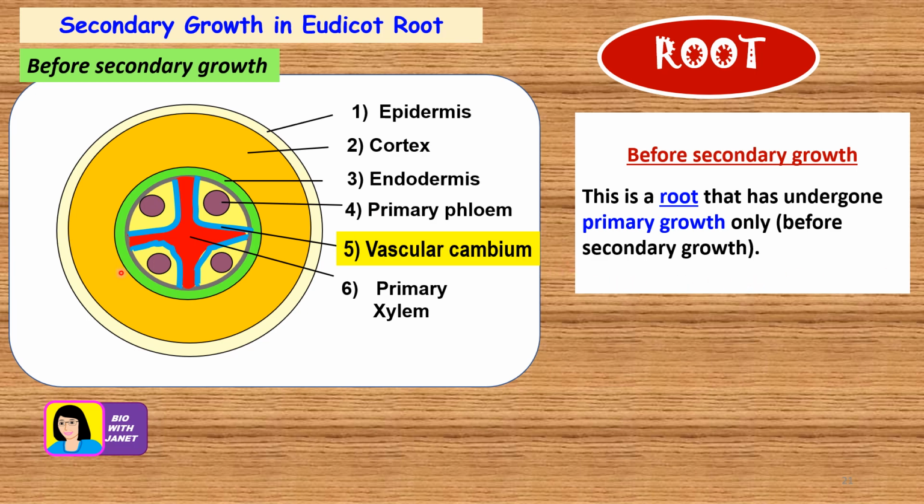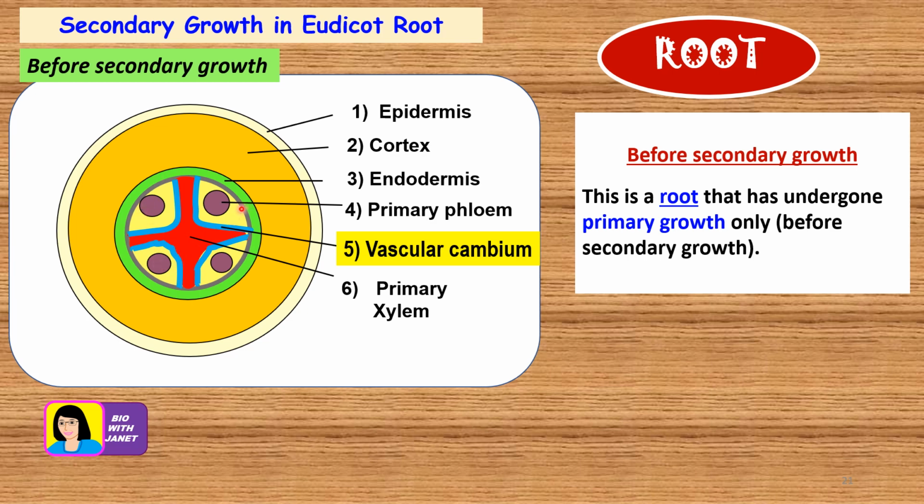Now, this is the cross-section of a eudicot root before secondary growth. So this root has only undergone primary growth. All right, so it consists of the epidermis, cortex, and then it has an endodermis that protects the inner parts.